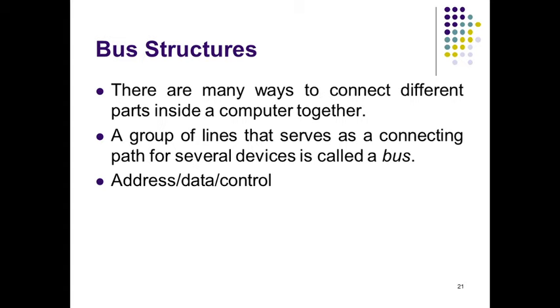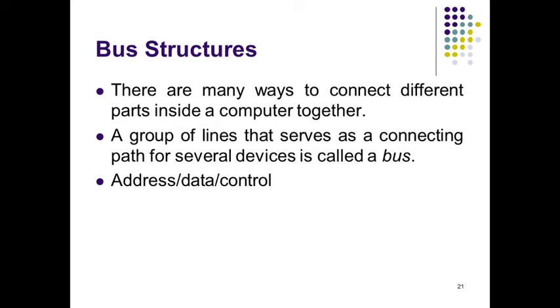To achieve a reasonable speed of operation, a computer must be organized so that all its functional units can handle one full word of data at a given time. When a word of data is transferred between the functional units, all its bits are transferred in parallel, that is, the bits are transferred simultaneously over many wires or lines, one bit per line.